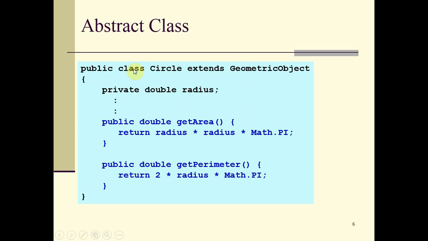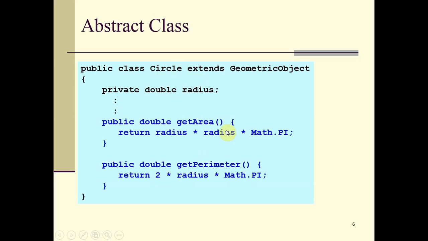From here you have class Circle extends GeometricObject. Now you have a subclass called Circle, and in the body of this class Circle you implement it. You implement getArea, which is radius times radius times pi, and getPerimeter, which is 2 times radius times pi.